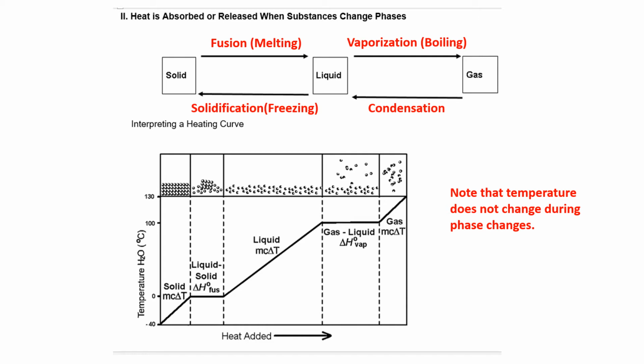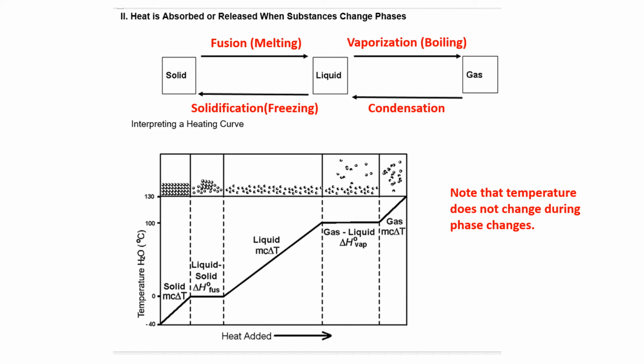However, in the flat portions of the heating curve, which represent the phase changes, we do not use the specific heat formula. Instead, we use heats of fusion and vaporization to calculate those energy changes during the phase changes.